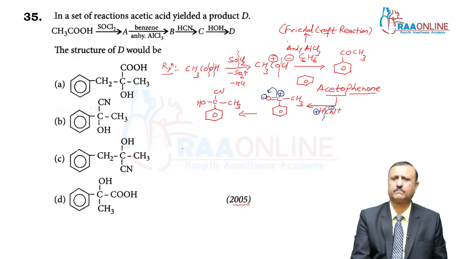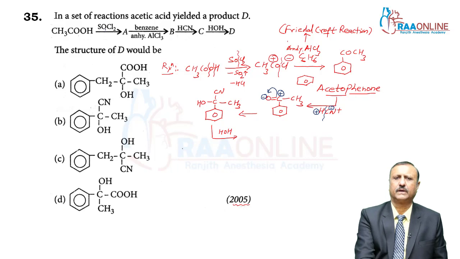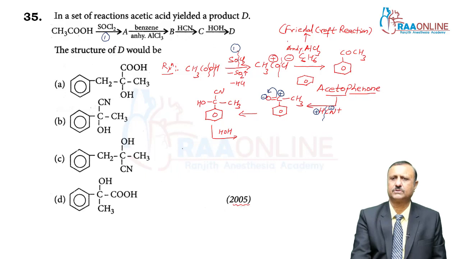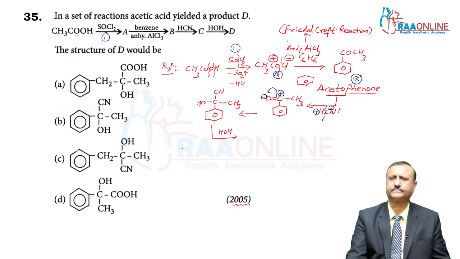Now, my dear students, this product is obtained on addition of HCN, and then it undergoes hydrolysis by water. Here, looking at the reaction, this is reaction number 1. When SOCl2 reacts with acetic acid, you get acyl chloride, which is compound A. When this acyl chloride further reacts with benzene in the presence of anhydrous AlCl3, it is called the Friedel-Crafts reaction, and you get product B, the acetophenone.